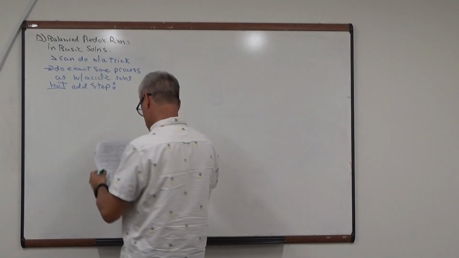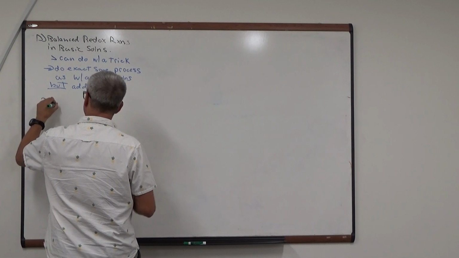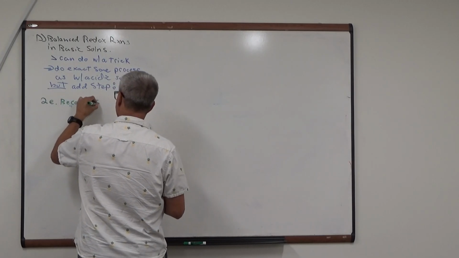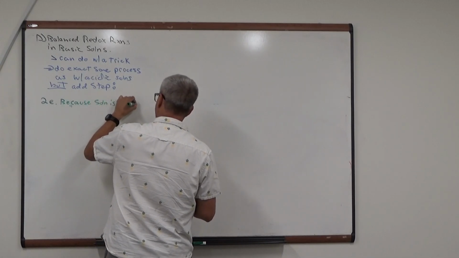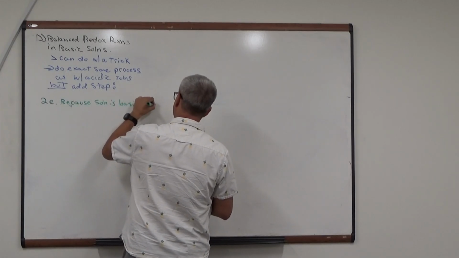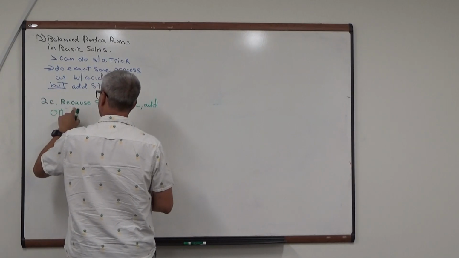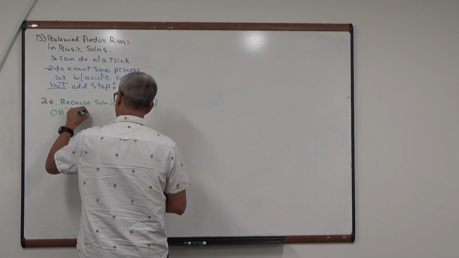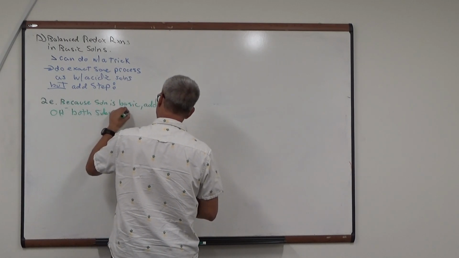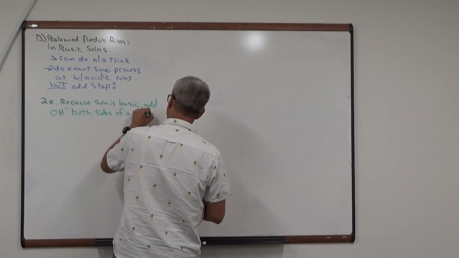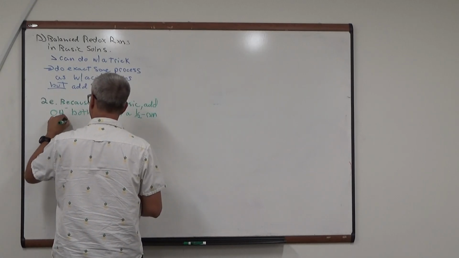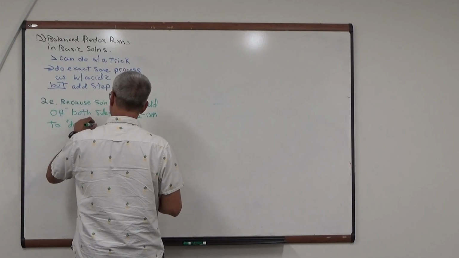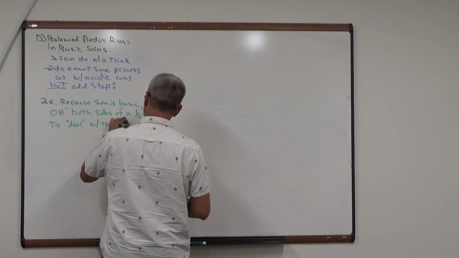Okay. All right, step 2E. Because the solution is basic, add hydroxide, sorry, very strong base, add hydroxide to both sides of a half reaction to quote unquote deal with, really it's neutralize, you could say, the H plus added.